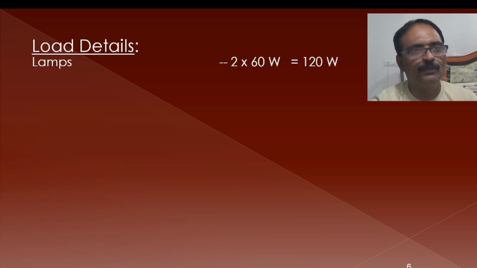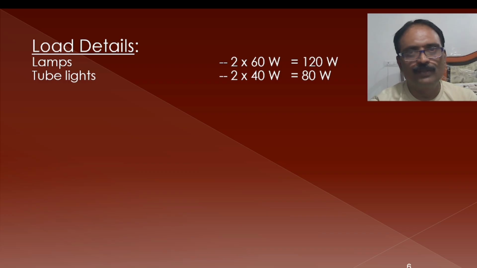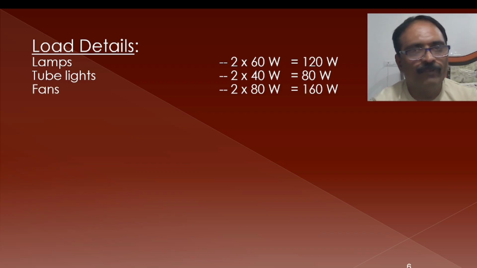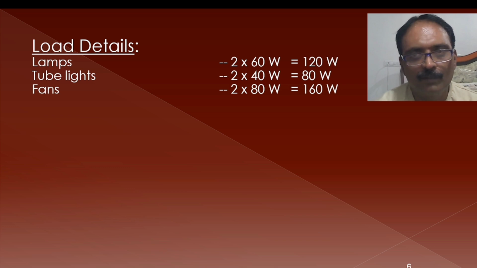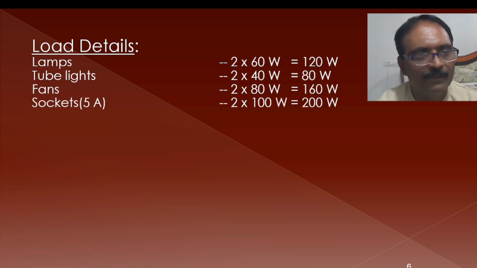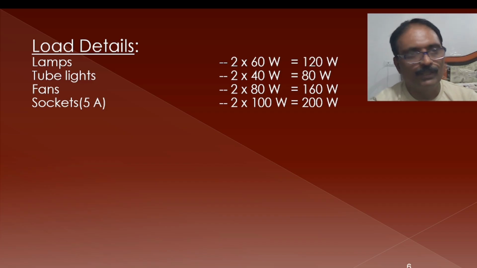The load details: totally 2 lamps are there. For each lamp we considered 60 watts, so put together it will be 120 watts. For tube lights 40 watts each, 2 tube lights are there, so 80 watts. And fans, 2 fans each 80 watts, coming to 160 watts. Similarly 2 five-ampere sockets are there, each socket 100 watts, and the total will be 200 watts.